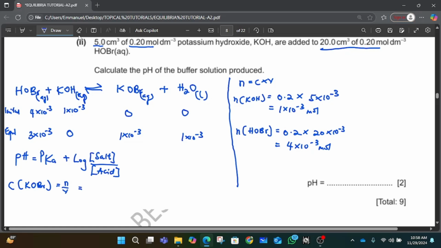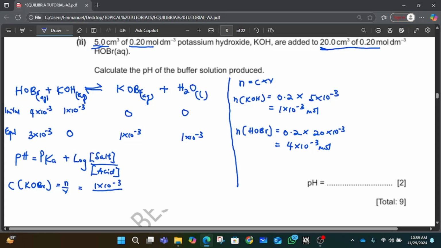And for the salt, the amount is 1 times 10 power minus 3 divided by the total volume of solution. Because this time around, the moment you add these two solutions together, the concentrations of the acid and the salt are not going to be as the initial concentrations since we have increased volume. So we need to find the concentration in the final volume.